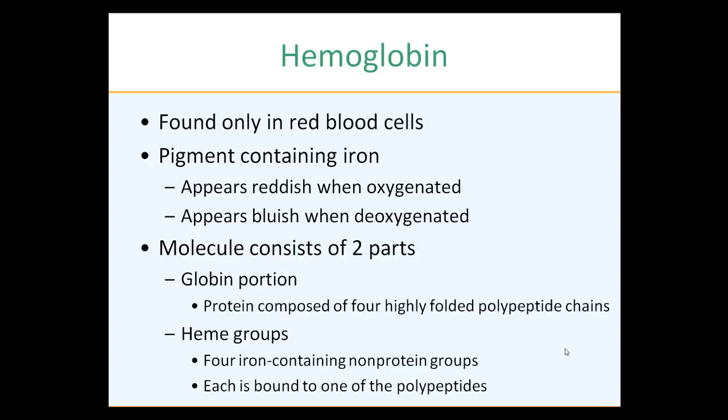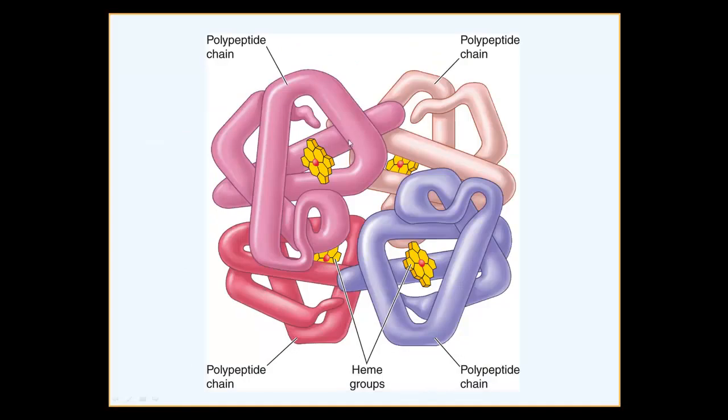Okay, we did talk about the iron. Some of these slides will be redundant because I combined two different sets of slides. And again, it is composed of globin and heme groups. So if we look at the structure of the hemoglobin, we'll see here is a globin and another one and the third and the fourth, and then you will see one, two, three, four heme groups.